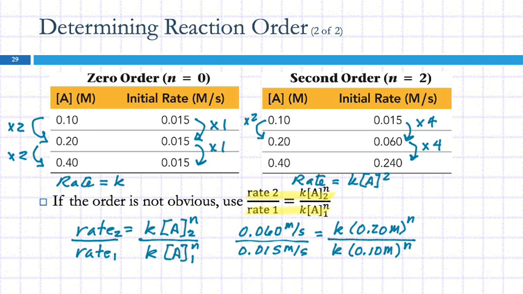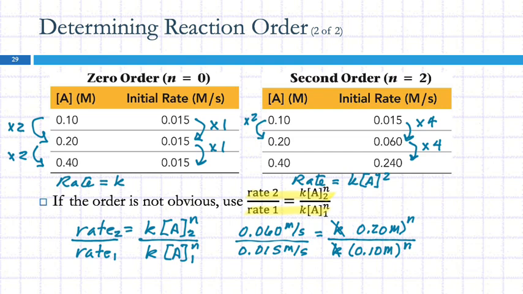You may look at that and say, well, how does that help? That doesn't look very helpful. Well, the rate constant doesn't change, and so that cancels out. Here we have a number raised to a power divided by a number raised to the same power. We can simplify that.